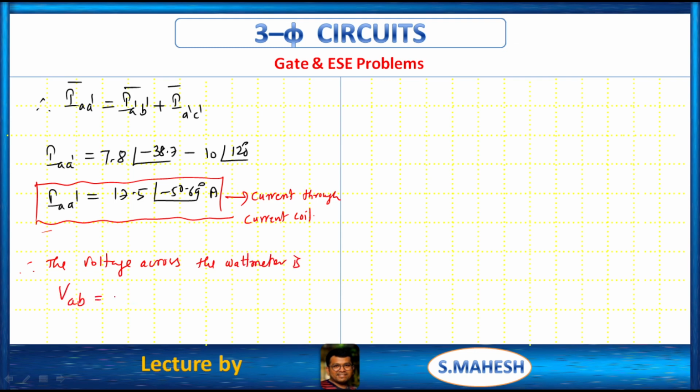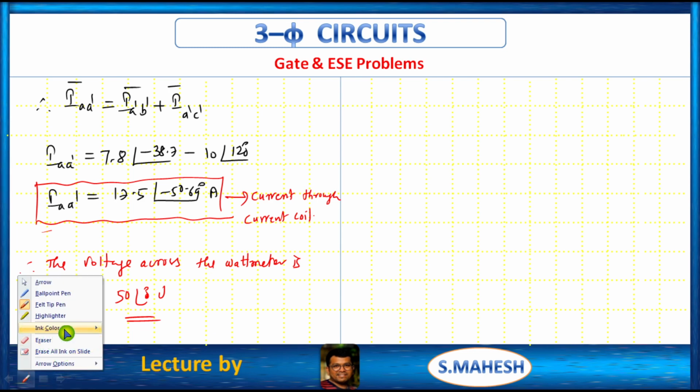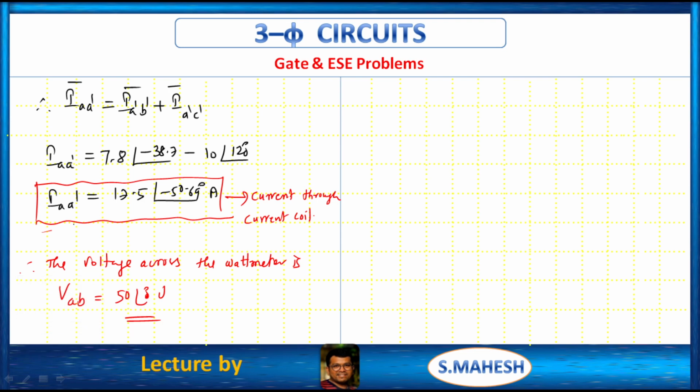VAB only, which is nothing but 50 at an angle 0 degrees, right? That's it. So we have the voltage across the line, we have the current. This is nothing but the PC coil voltage, pressure coil voltage.